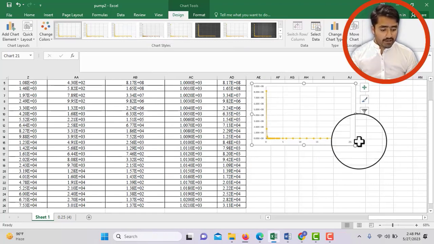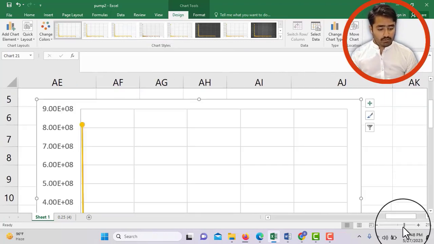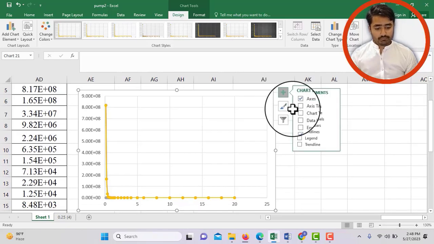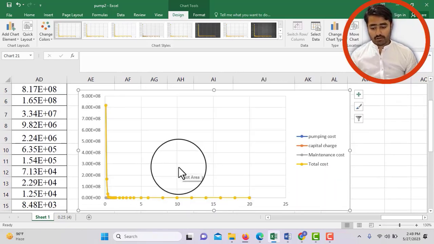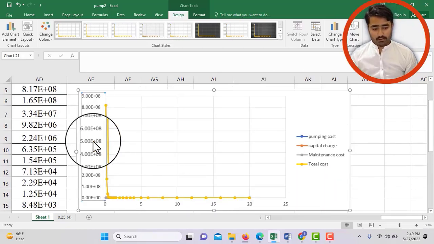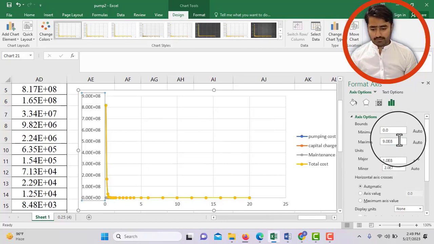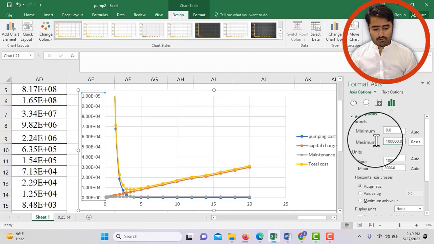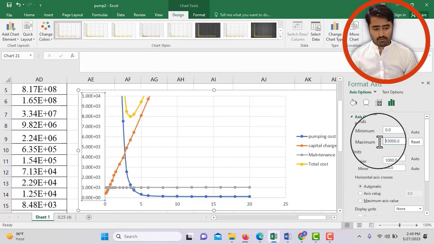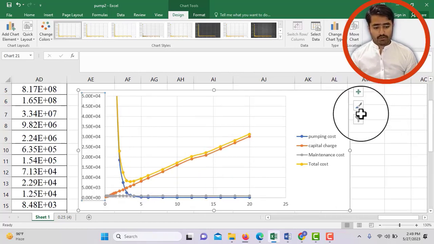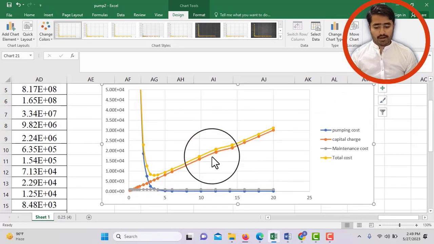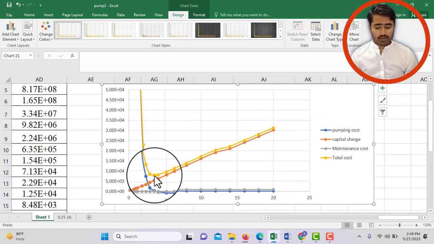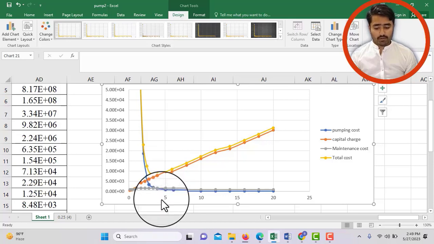So this is the graph I have made. Let me zoom in on it. So it is not clear to you. Let me change its axis. So as you can see here, there is a dip in the total cost, and it is at the diameter point of 3.5.